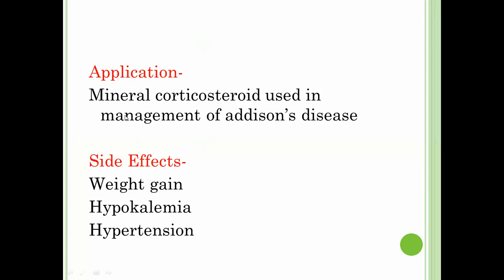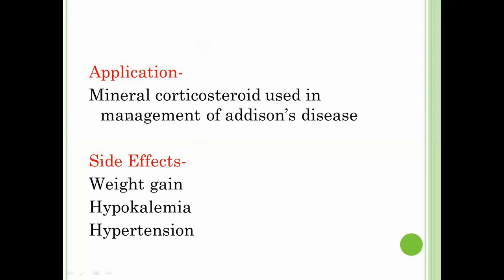What is meant by Addison's disease? Addison's disease is a disorder of the adrenal gland.